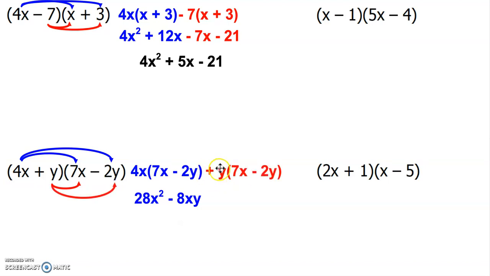So I have positive y times 7x becomes a positive 7xy. Y times negative 2y becomes negative 2y squared. Notice that the negative 8xy and positive 7xy are like terms. They have the same variables and same exponents. So I can combine those terms. I can't combine anything else, and so my final expression is 28x squared minus xy minus 2y squared.